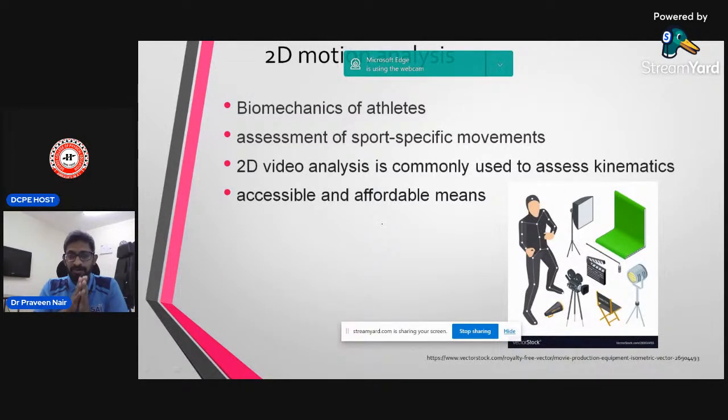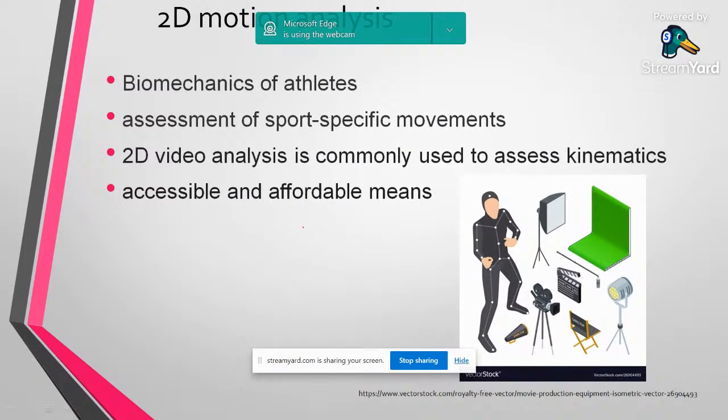Now, why do we use 2D motion analysis? As I've already said, it can be used to analyze any movement, and it can be used to qualitatively as well as quantitatively specify the kinematics. Using the 2D motion analysis, we can analyze sports specific movements or exercise movements also.